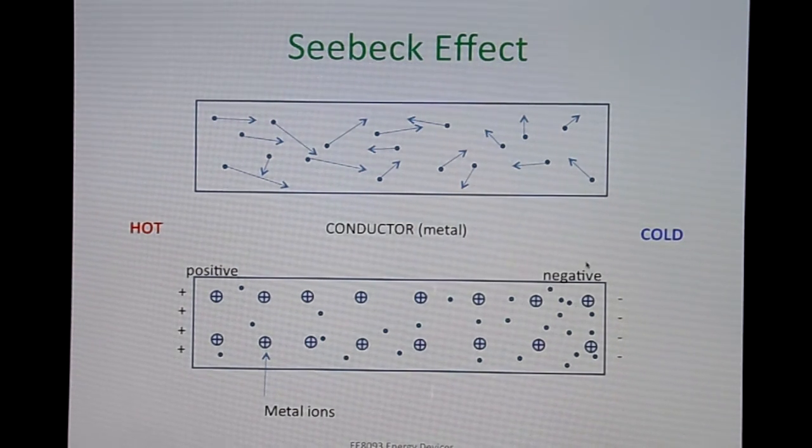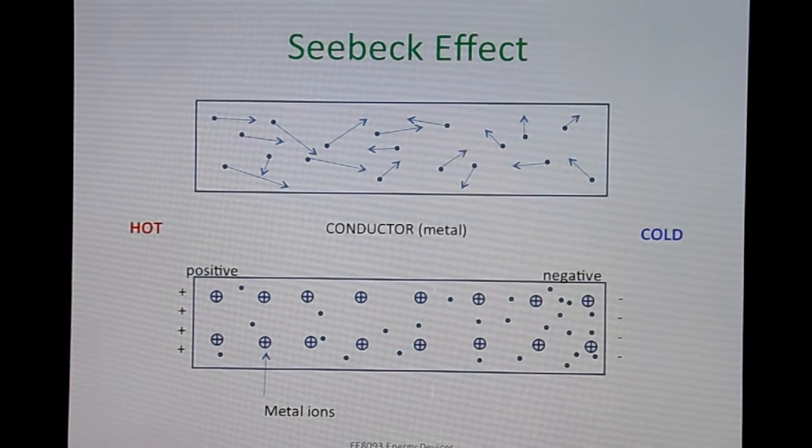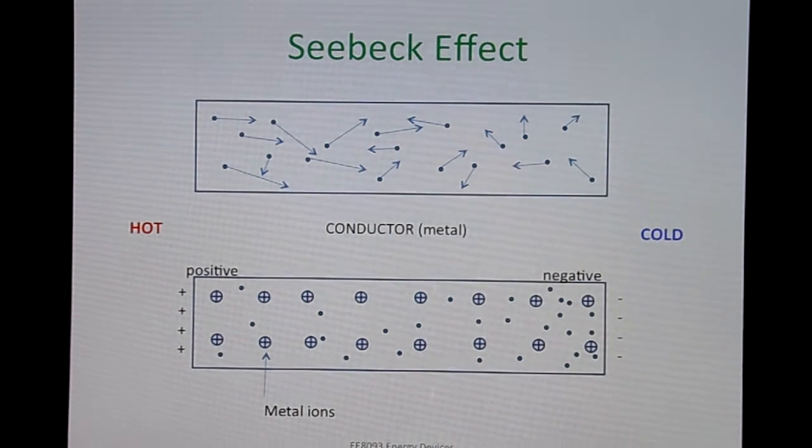And that is because you have this net diffusion of electrons from the hot side to the cold side. We can see the concentration is higher on the cold side by the density of these blue dots.